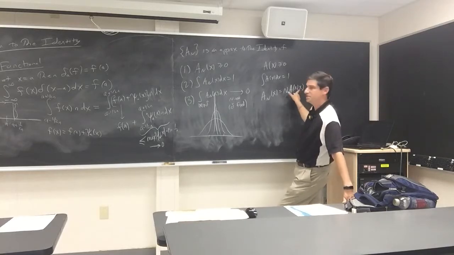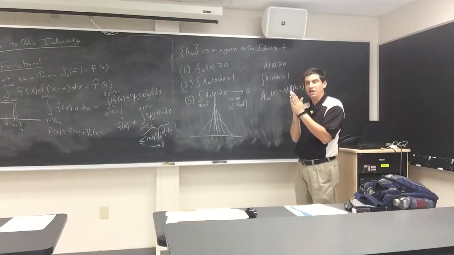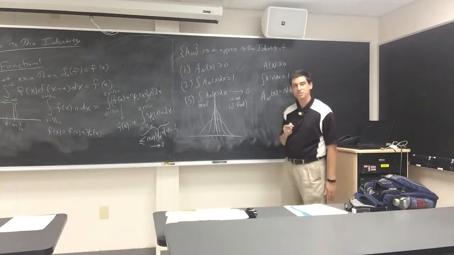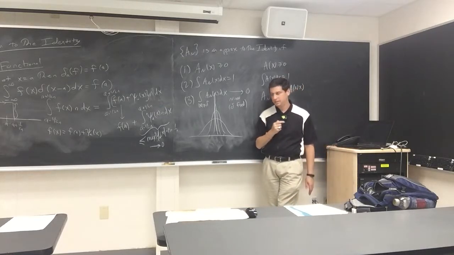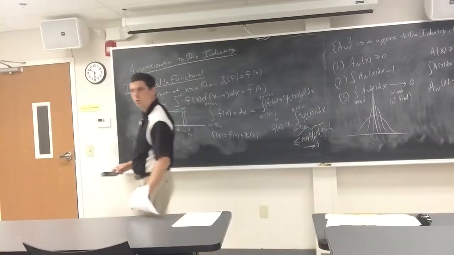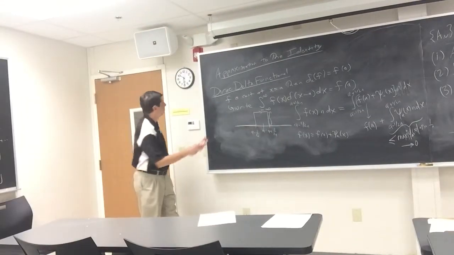So this is going to be a sequence of functions that are non-negative, that integrate to 1, and are becoming more and more concentrated at x equals 0. So this will give you a sequence that's an approximation to the identity. This is where they become very useful: you take one function, and then you form a family from that.